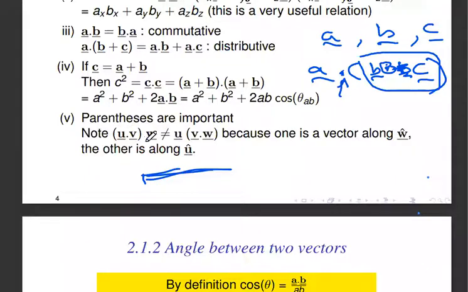So this vector is along W, and this vector is along U, because this is the vector and this is a scalar.